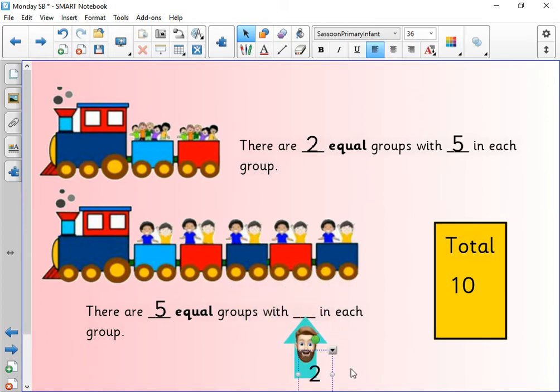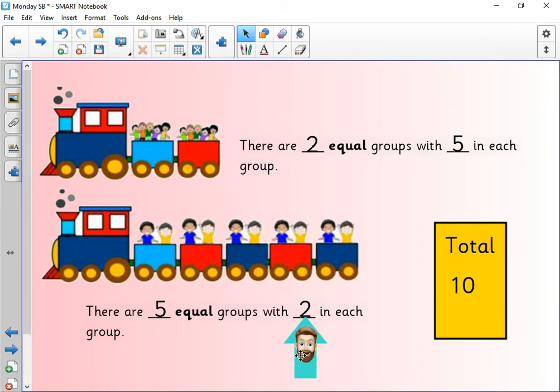With 2 in each group. So how many are there altogether? What are 5 twos? That's right, it's 10. So we had 2 groups of 5 that equal 10, and 5 groups of 2 made 10.